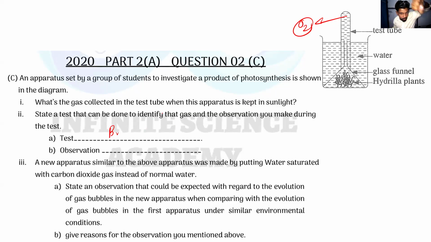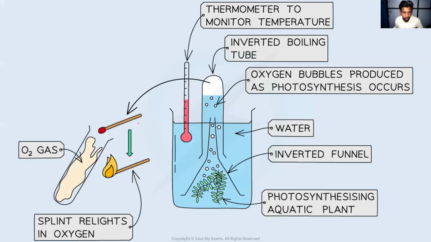We want to take the test tube out and bring the glowing splint near the mouth of the test tube. Observation: the glowing splint will relight with the bright flame.